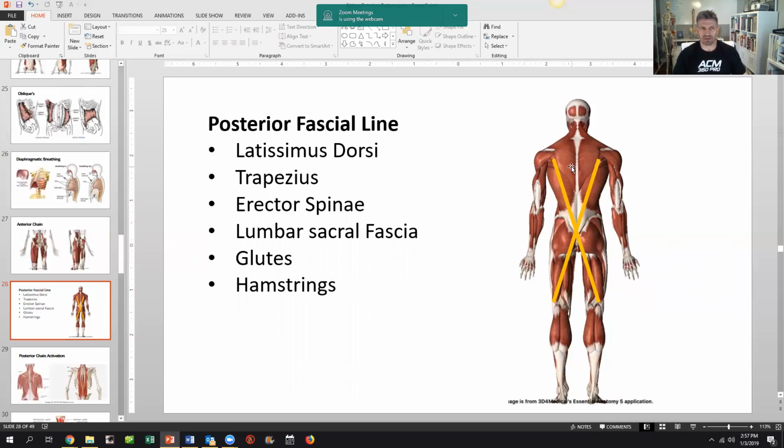Unless someone's an avid tennis player or baseball player and that's what they do their whole life, very rarely do I find something so isolated to the thoracic back that it's the reason for problems, tightness, and restrictions. It's usually something down this fascial line, whether anterior or posterior.